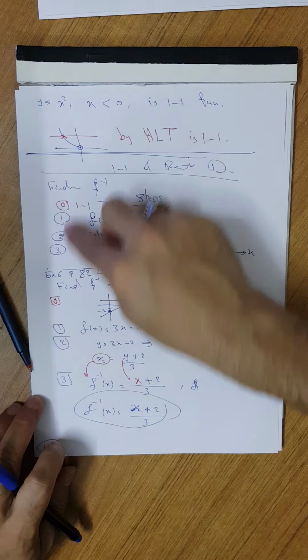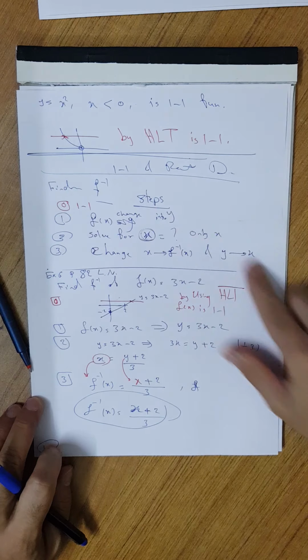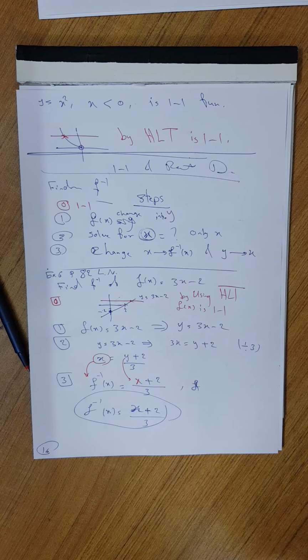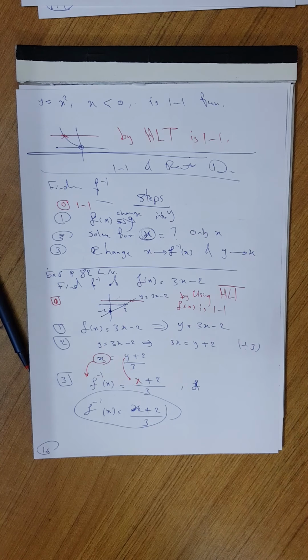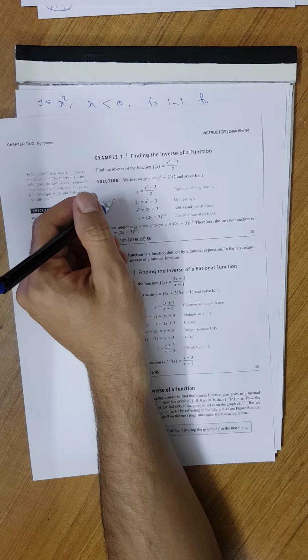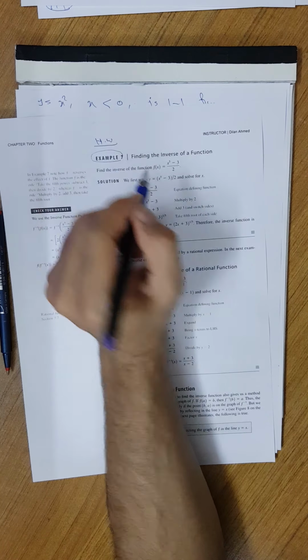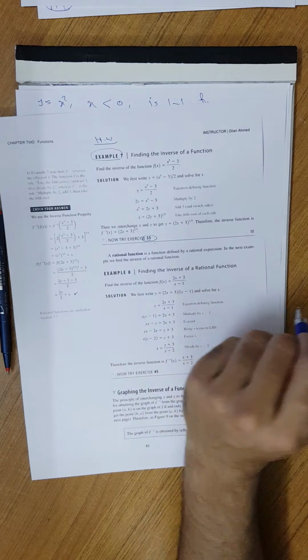So you saw these 4 steps, especially these 3 which are new for you for finding the inverse of a function on page 82. I will leave this one for you as homework. Please do it, and you also have an exercise.